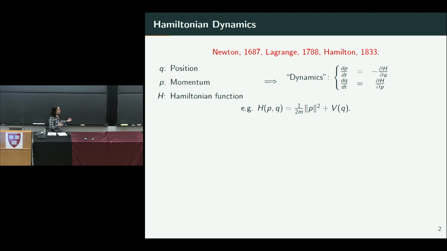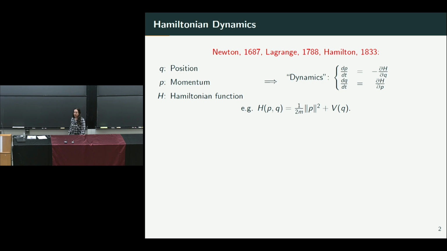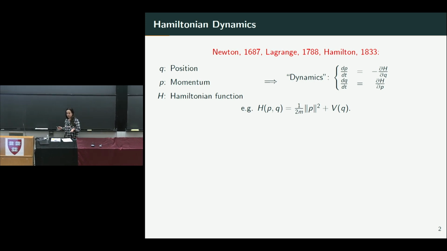Let me go back and start with the origin of symplectic geometry, which comes from Hamiltonian dynamics. What I mean by that is that one can represent classical mechanics in the phase space by taking coordinate systems of q and p, the position and momentum, and choosing some Hamiltonian function, which will represent the energy of each point in the system.